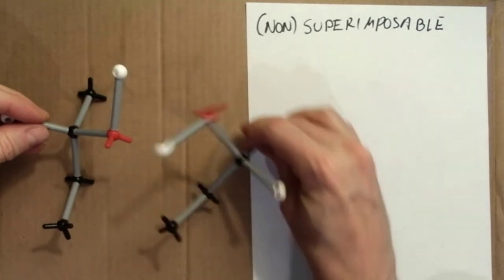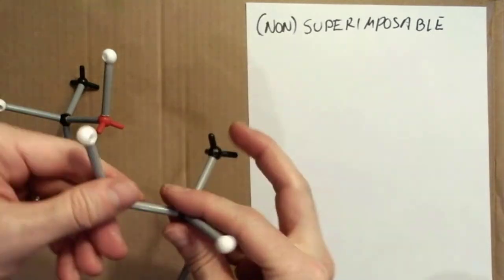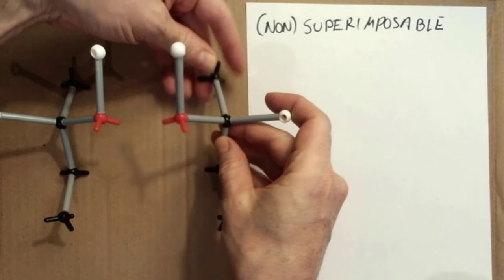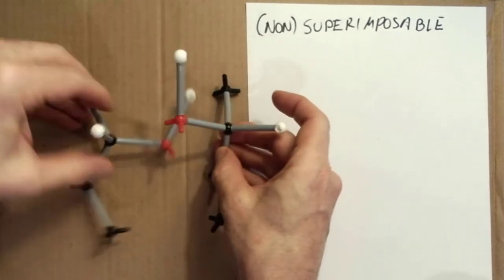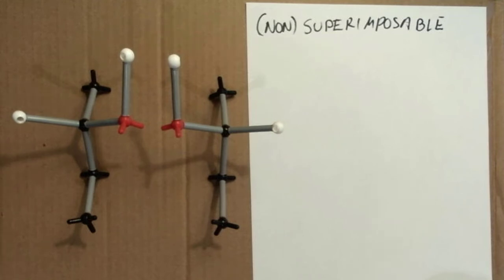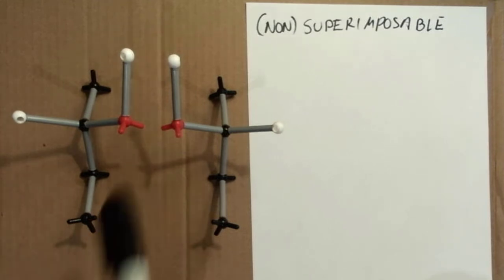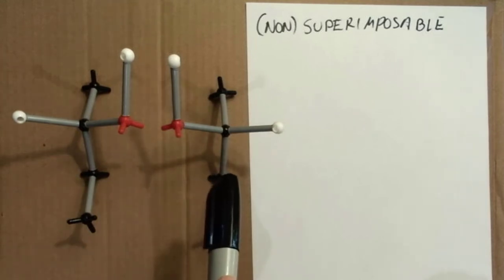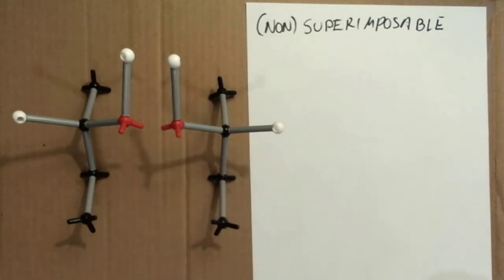And so these molecules are clearly different, but yet they have the same constitution, right? They have the same formula, but also the same connectivity, and that OH group is on the number 2 carbon on both of them. But they're not the same.